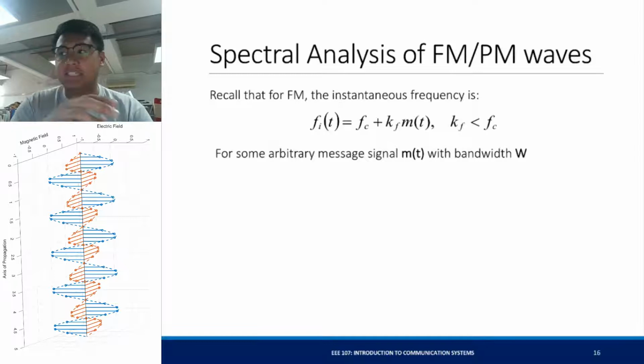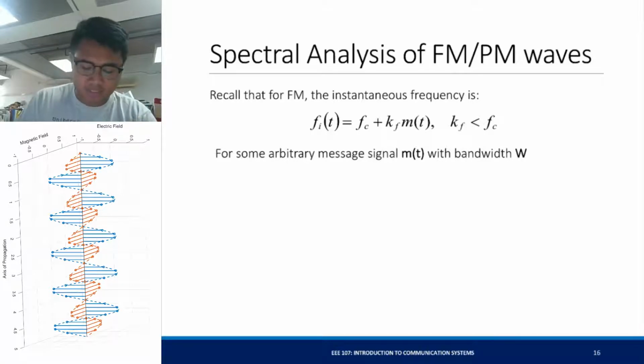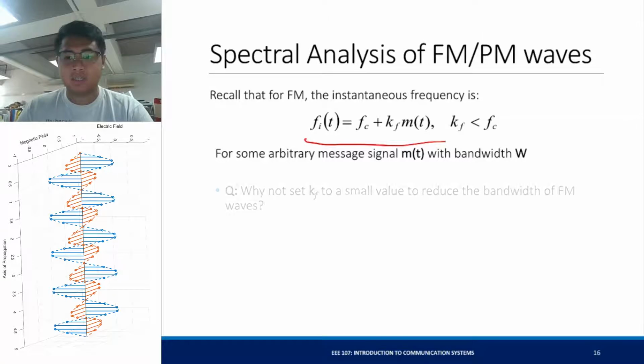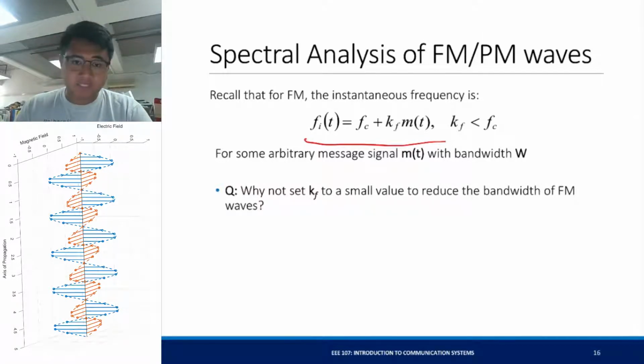How do we analyze the spectrum of an FM or a PM wave? Recall that for FM, you have an instantaneous frequency given here for some arbitrary message signal with bandwidth W. So if you want to save frequency content, maybe we should just reduce or set KF to a small value so we can reduce the bandwidth and we still retain the same properties.